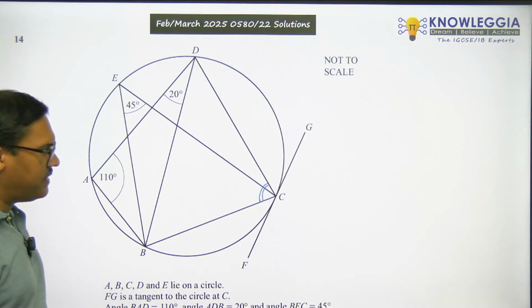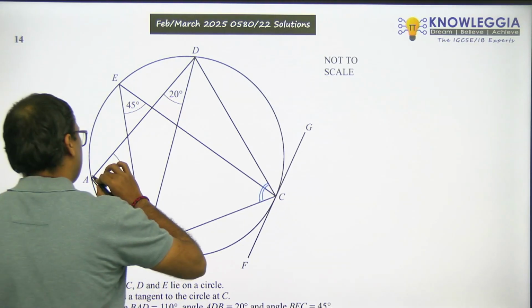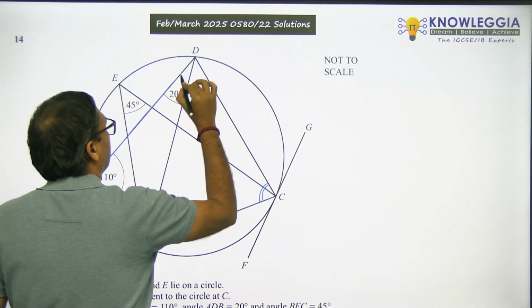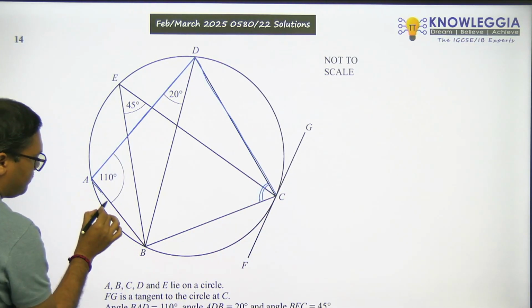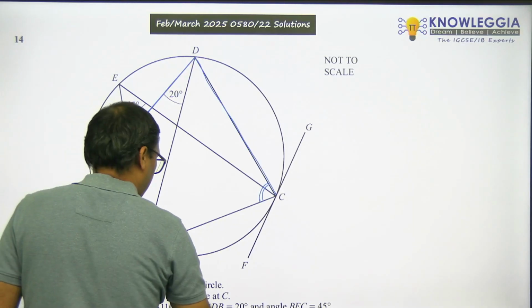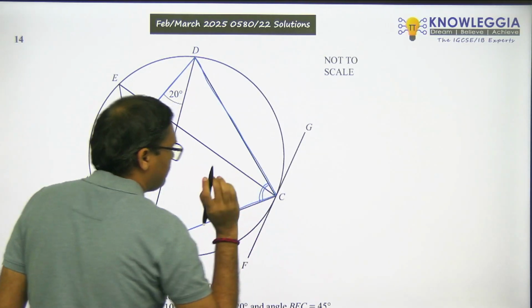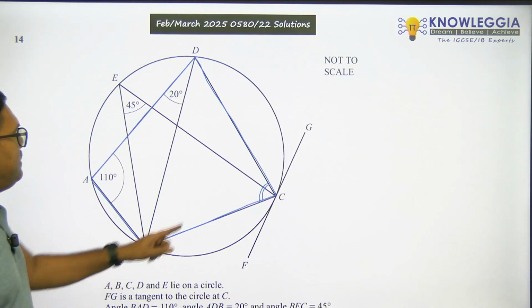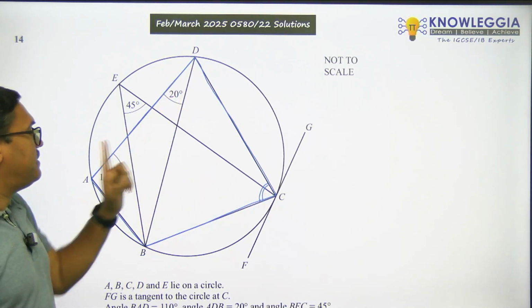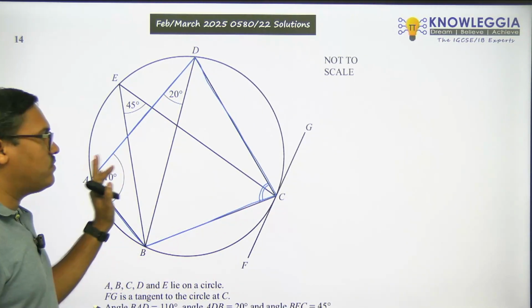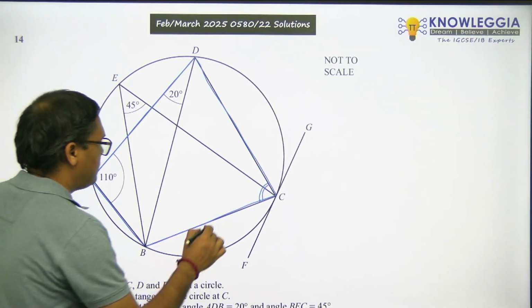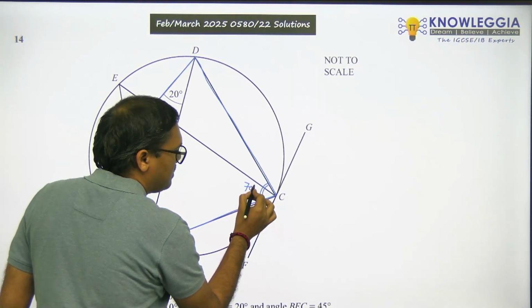Okay. So how can you find this angle BCD? You can see clearly here, if I consider this quadrilateral, ABCD is a cyclic quadrilateral. And in a cyclic quadrilateral, the sum of opposite angles is 180 degree. Correct? So this is equal to, you can see, 70 degree.